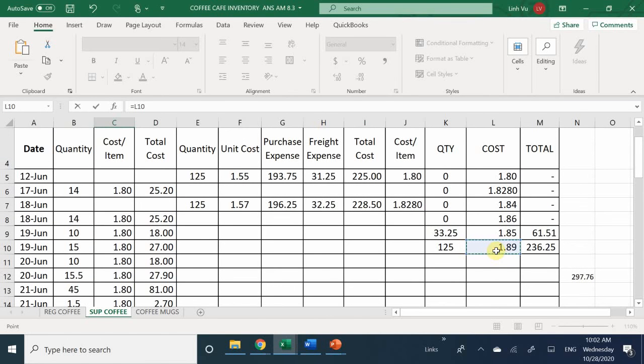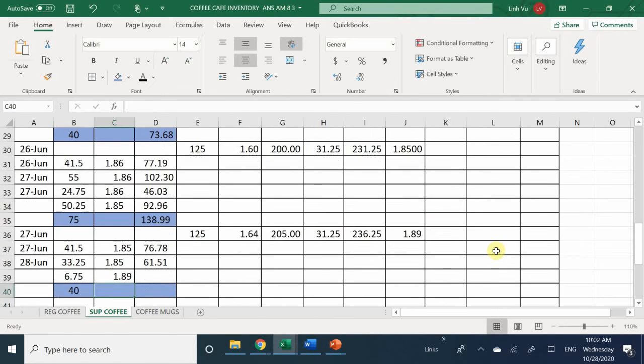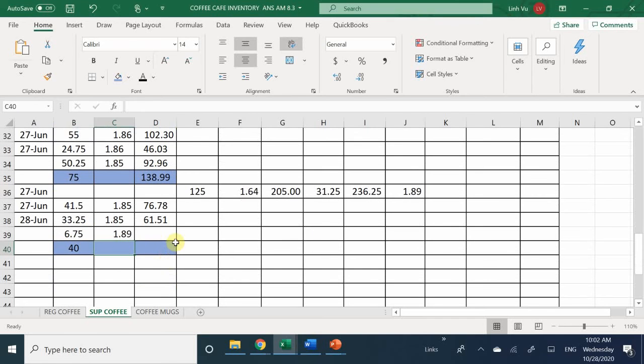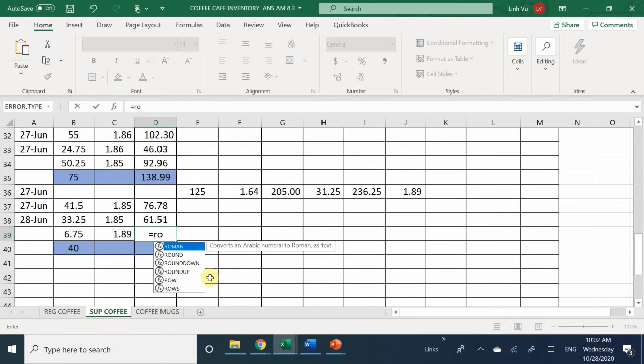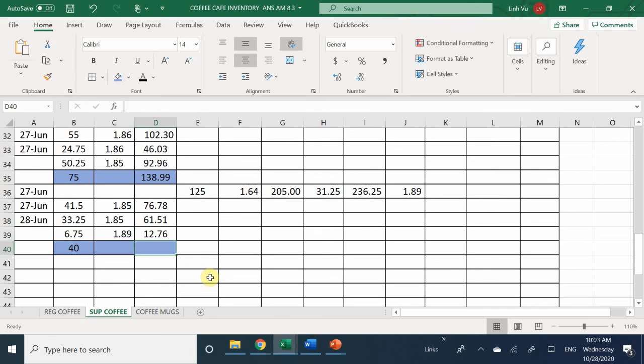Is that the right batch? Yes. Okay, I'm going to round it to $12.76, which was what you just said.